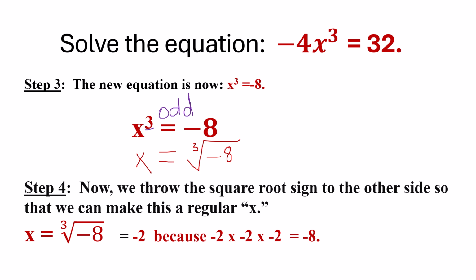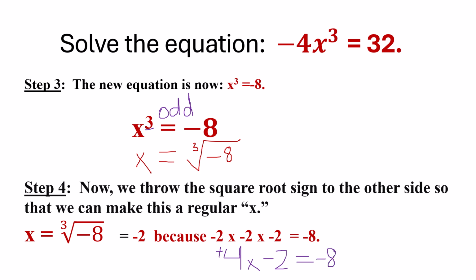Okay? So now over here, x equals cubed root of negative 8, which is negative 2, and why? Negative 2 times negative 2 is positive 4. But times a negative 2, it equals negative 8.